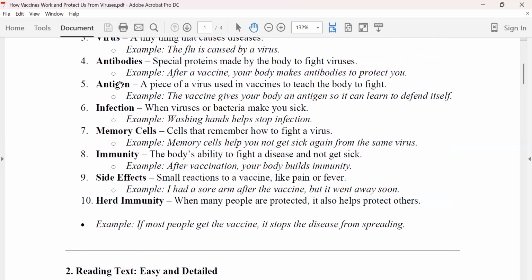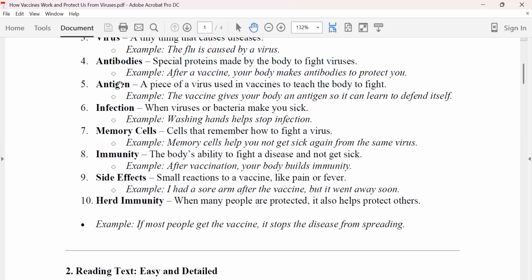So when there is a disease caused by a virus, the scientists will work together to study the virus, what kind of virus, how it looks, and how they can break it down. This is a long way to study, and finally, if they know they can break down the virus, that is called the antigens.